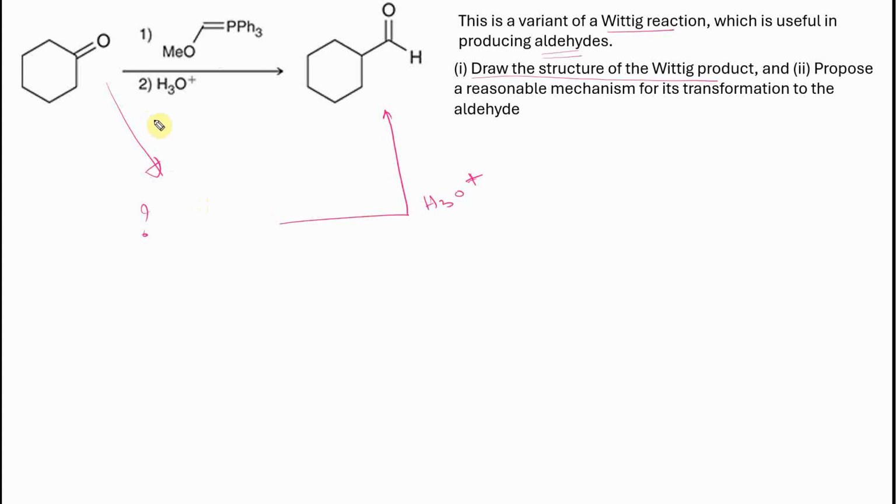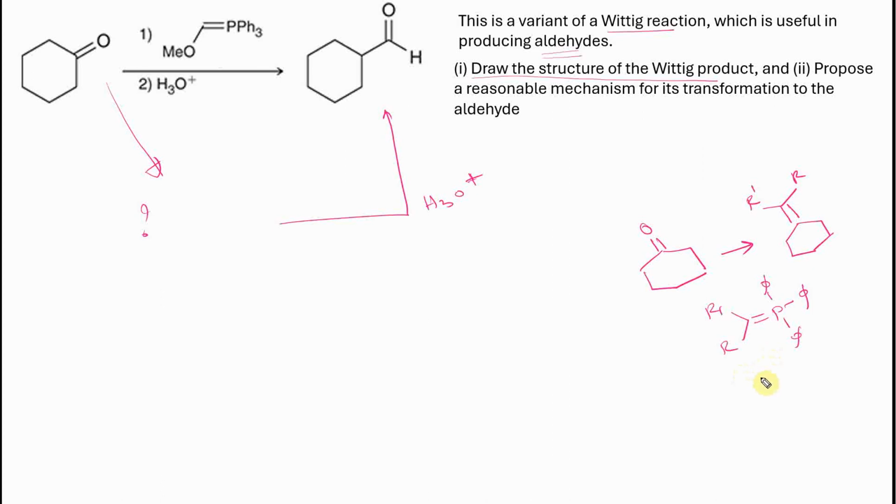So what is the product of this Wittig reaction? As we know, when you have a Wittig reaction, you're going to make an alkene from the ketone. So the alkene you're going to get is going to be those groups. So if you have a Wittig that looks like this, R prime and R, that's how the Wittig reaction is going to go.